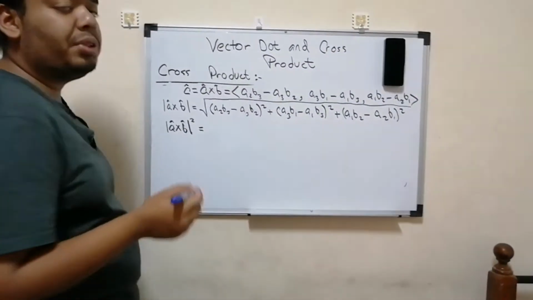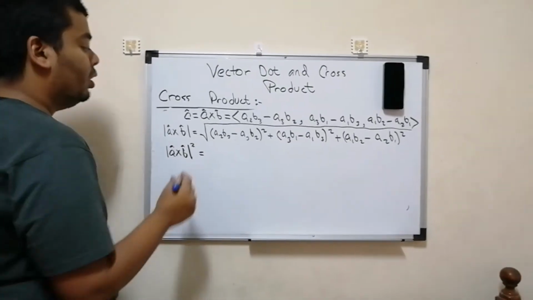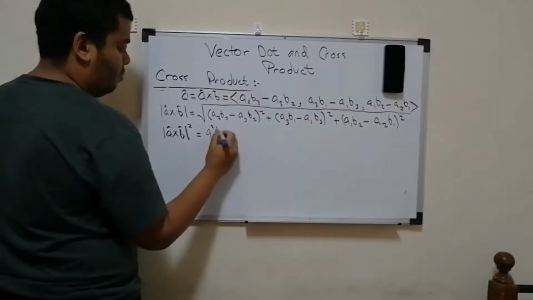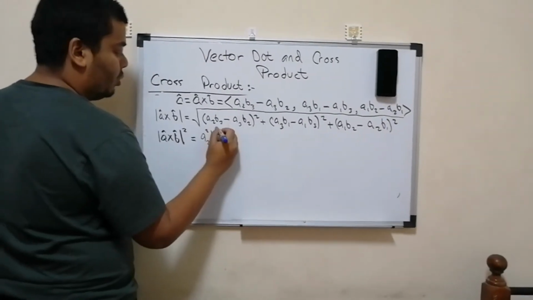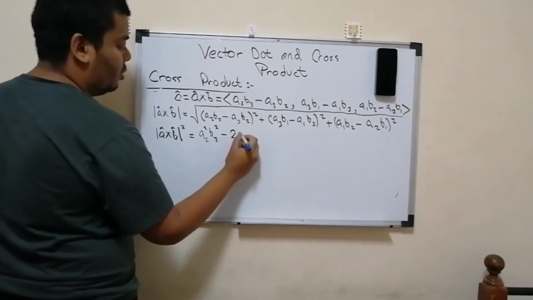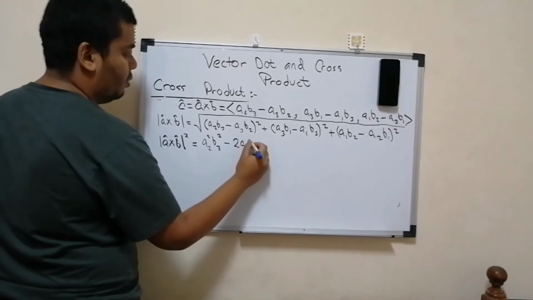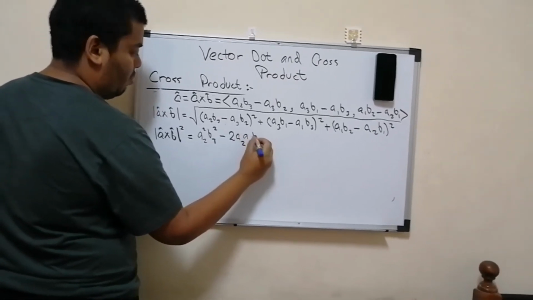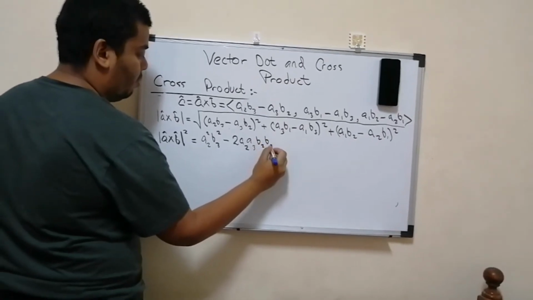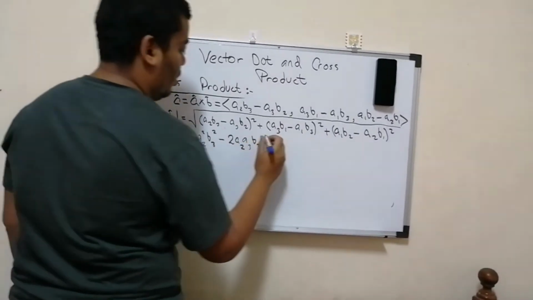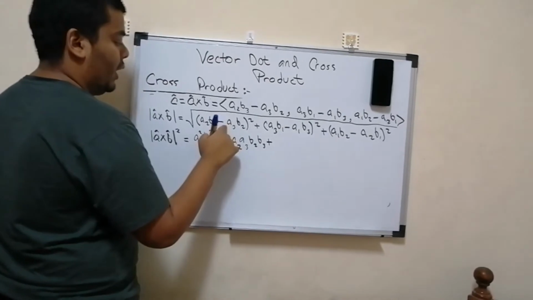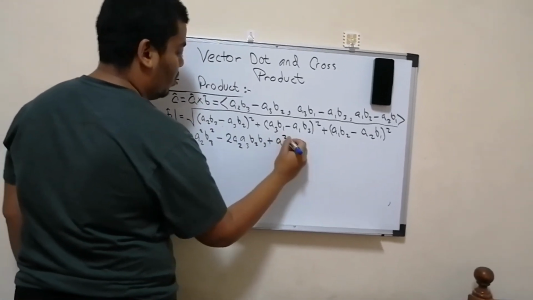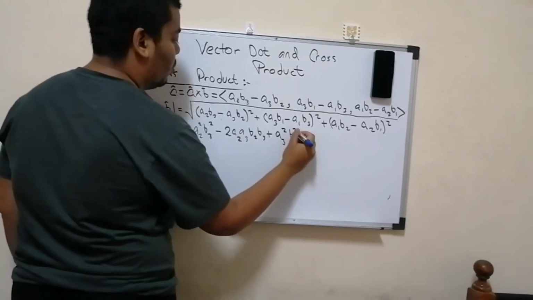Using the a minus b whole square formula, we get A2 square B3 square minus 2 A2 A3 B2 B3 plus A3 square B2 square.